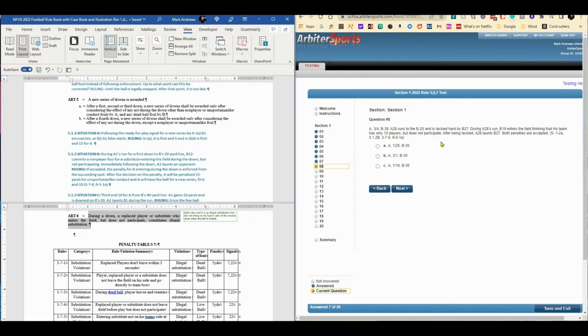Now we are going to penalize the unsportsmanlike conduct, and we're going to move it back 15. So it's going to be a first down because he achieved a first down during the run. So it's going to be A, 1st and 10 at the B35.